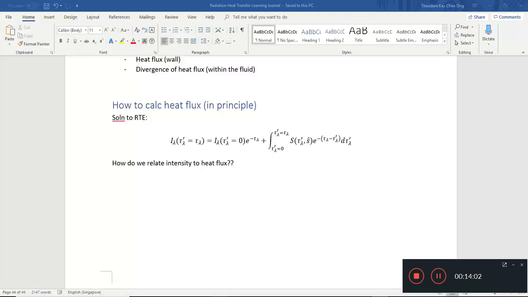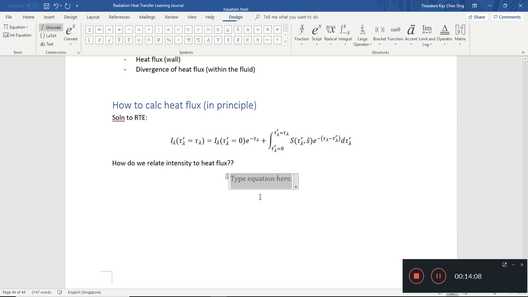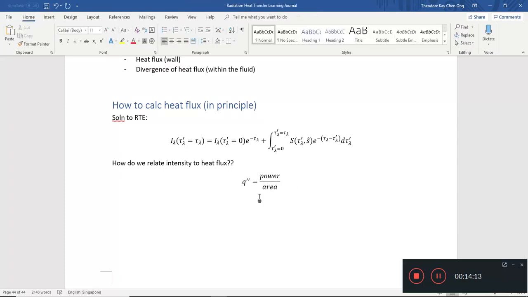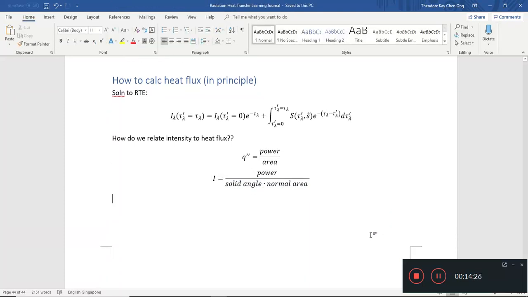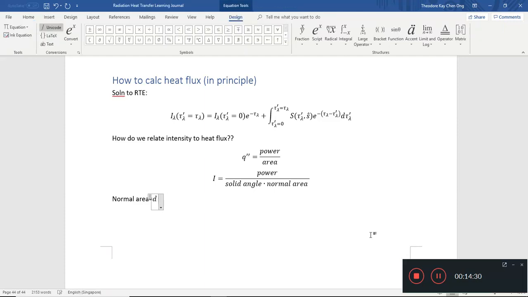So let's do this now. Heat flux equals power per area, and intensity equals power per solid angle and per normal area. So normal area equals dA cosine theta.